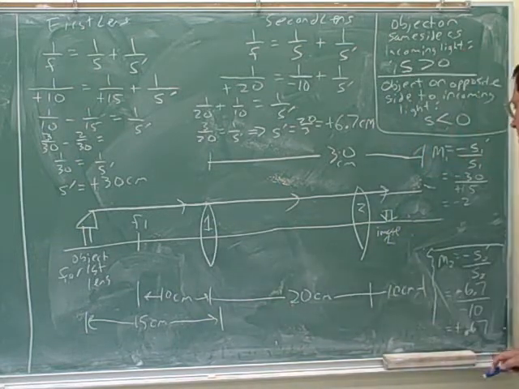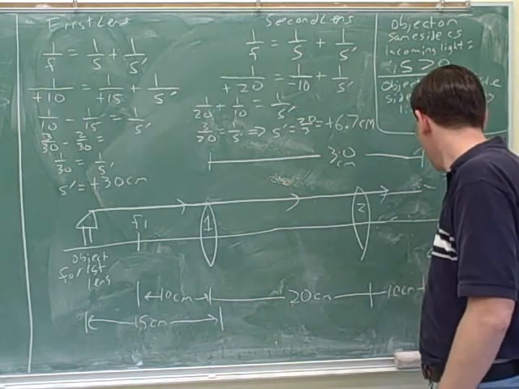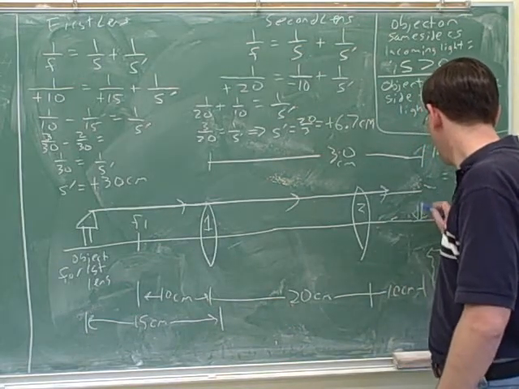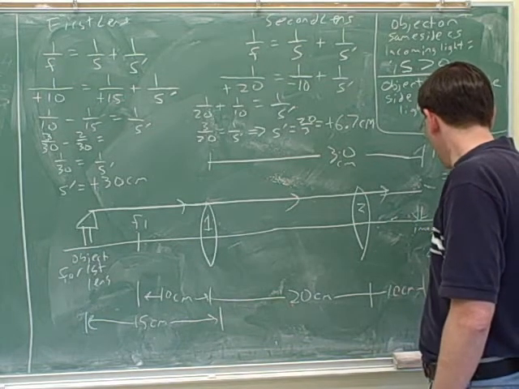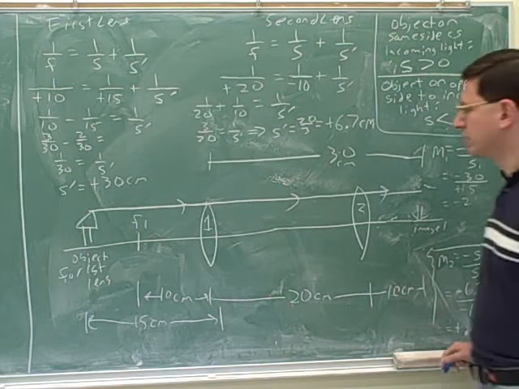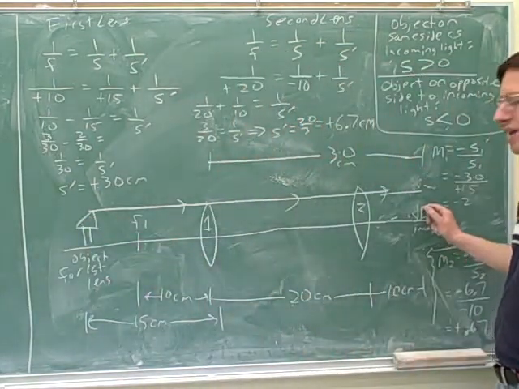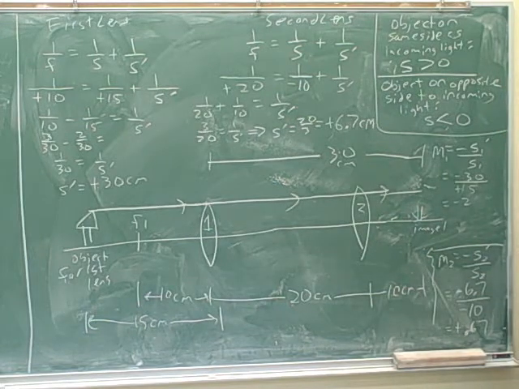Image 1, and then we have image 2. So if the object was pointing up originally, the first image would be pointing down. And then how about the second image, pointing up or down? Up.